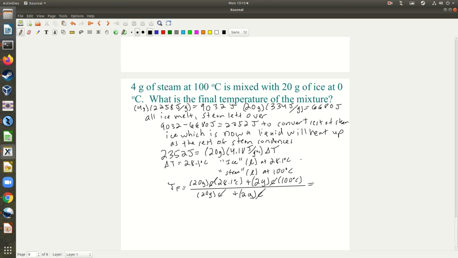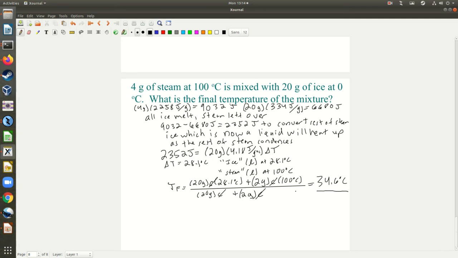And so I just take 20 times 28.1 plus 2 times 100, and then I divide that by 22, and I get 34.6 degrees Celsius. So these two substances, after all of the steam and all of the ice is converted to water, will reach a final equilibrium temperature of 34.6.